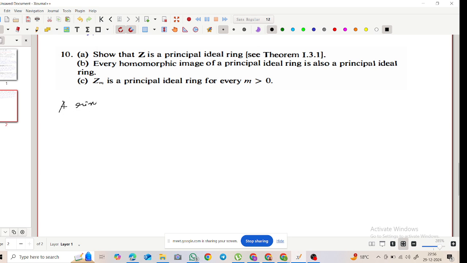A ring R is called a principal ideal ring if every ideal in R is principally generated.